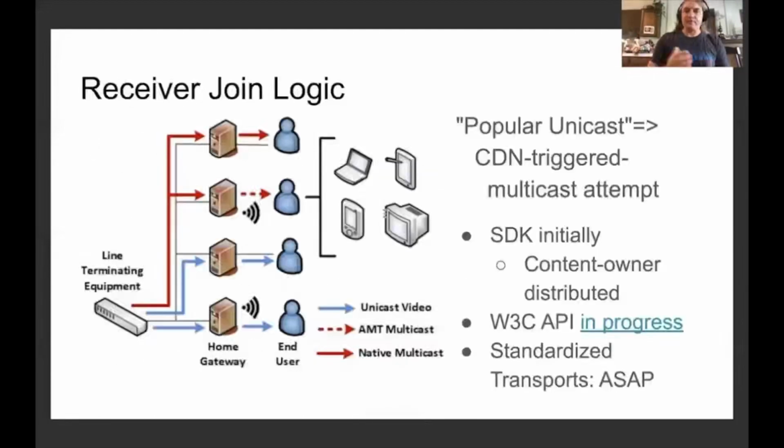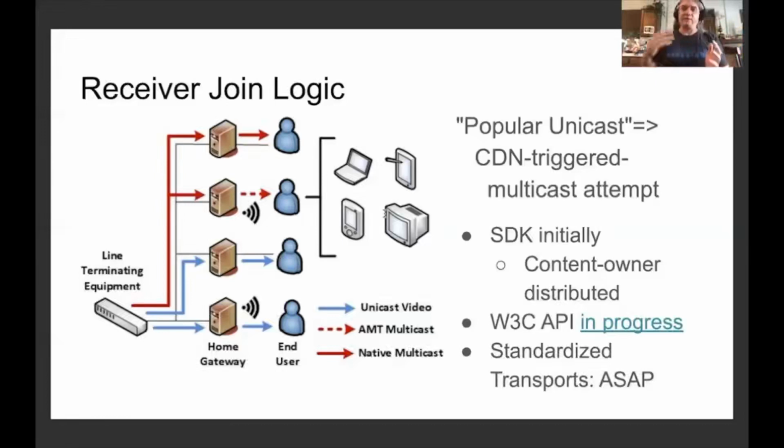The receiver join logic in this scenario is that, like I said, we'll be monitoring as a CDN for the traffic that we're delivering, whether this is sufficiently popular to justify creating a multicast source for it. And if it is, then we will start off our source. We'll populate all the things that need to be there to make the connection successful according to this delivery architecture.